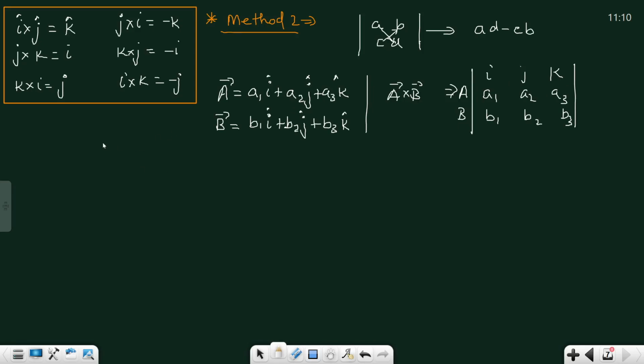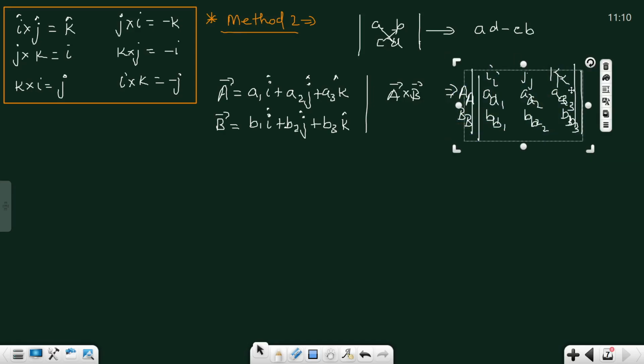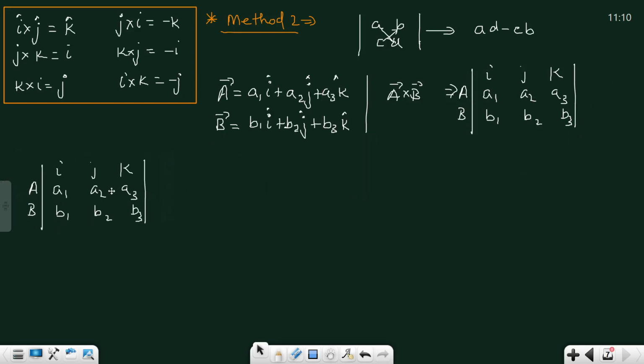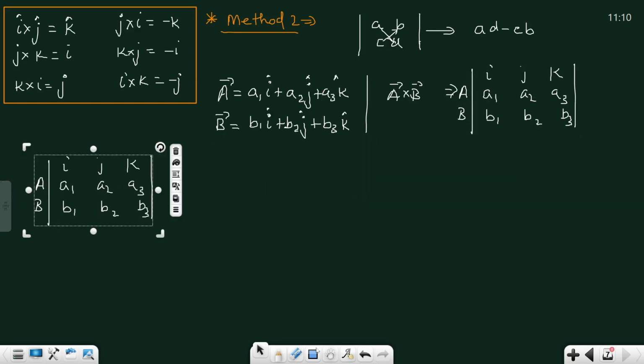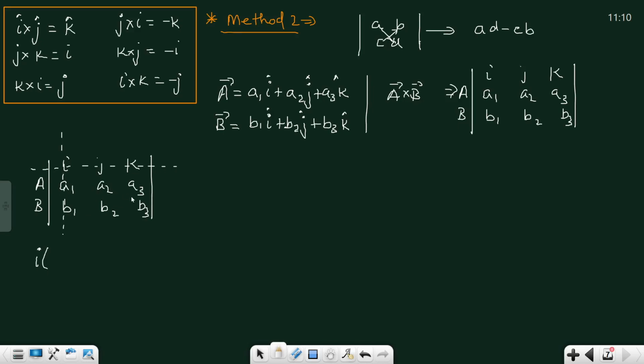So first is i, this one. When you calculate this term, we put a strike on these dotted lines. So i is equal to A2 into B3 minus B2 into A3.